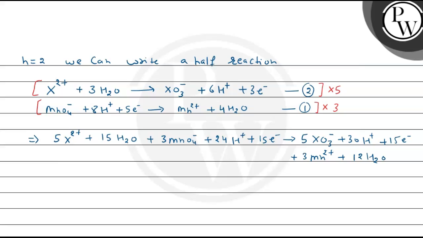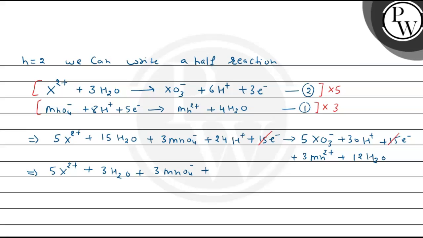From here we have to cancel out those terms which are going to cancel out from each other. The 15 electrons on the left cancel with the 15 electrons present on the right hand side, and we will get an overall equation which can be written as 5X2 positive plus 3H2O plus 3MnO4 negative.